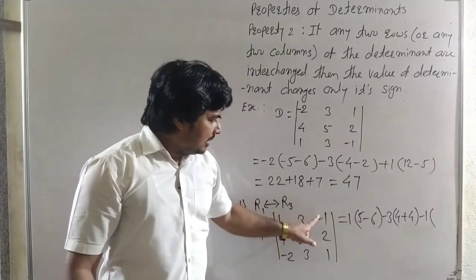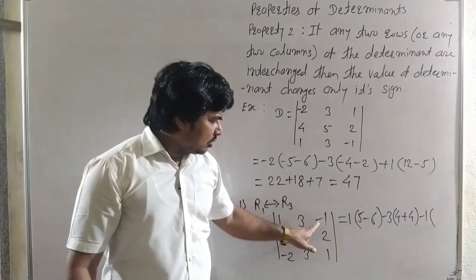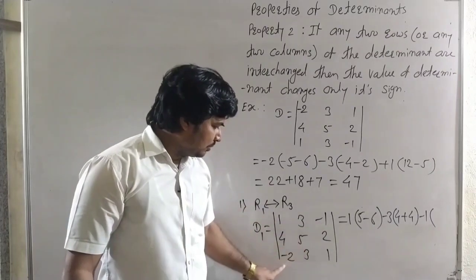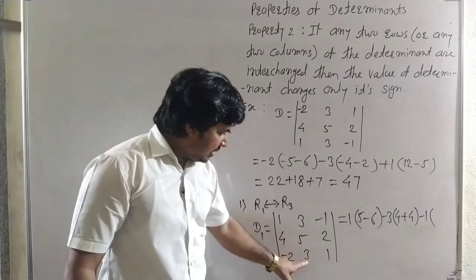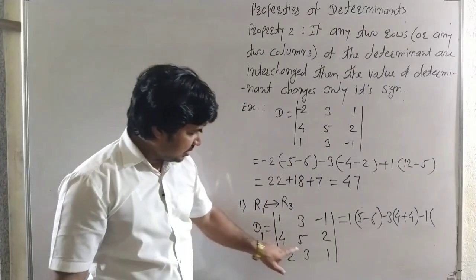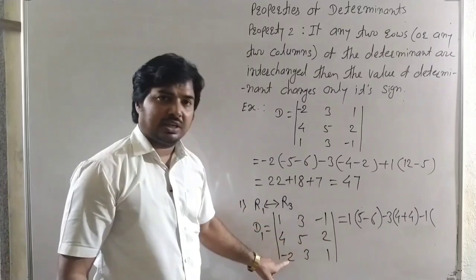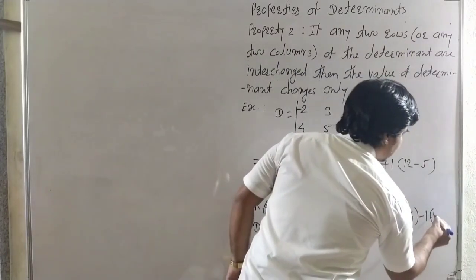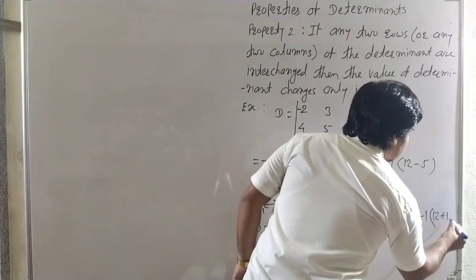Now eliminate the row and column of that element. We get the determinant 4, 5, -2, 3. Then 12 minus 10, that means 12 plus 10. In the last, 12 plus 10.